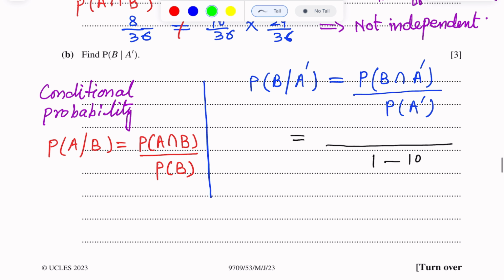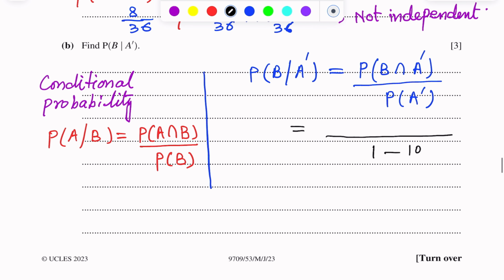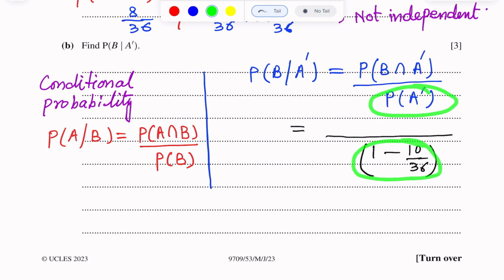So we write here 1 minus 10 over 36. This will be the probability of A dash.